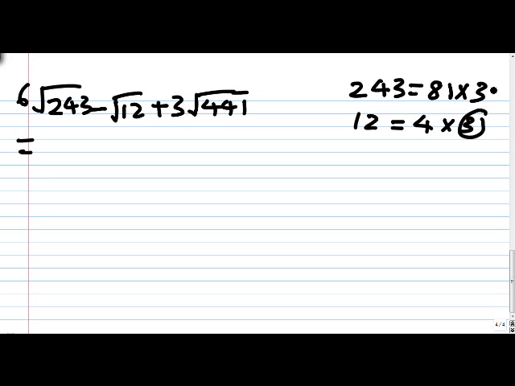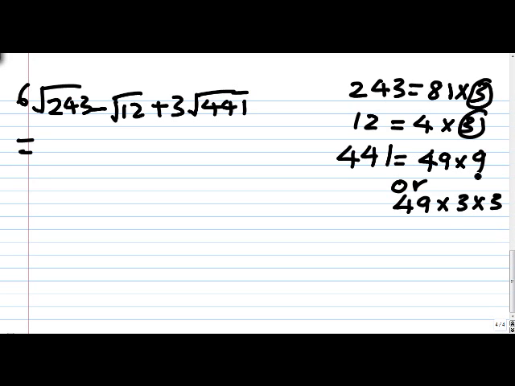Can you see what I'm doing? I'm making them multiples of 3. And 441 is actually 49 times 9, or 49 times 3 times 3. No problem with that.